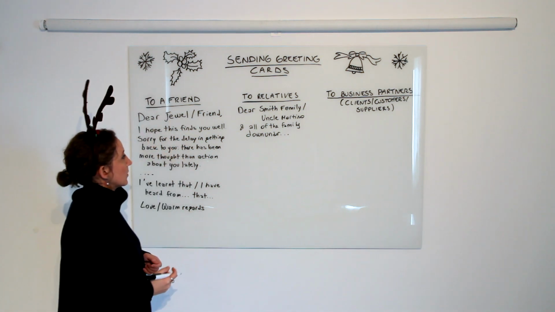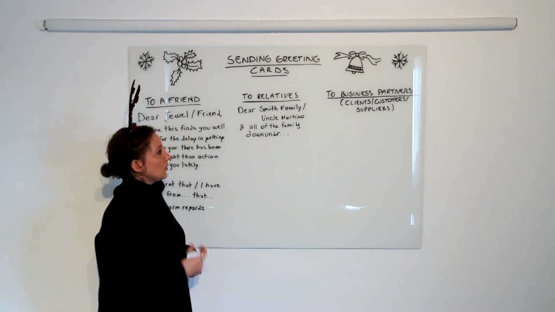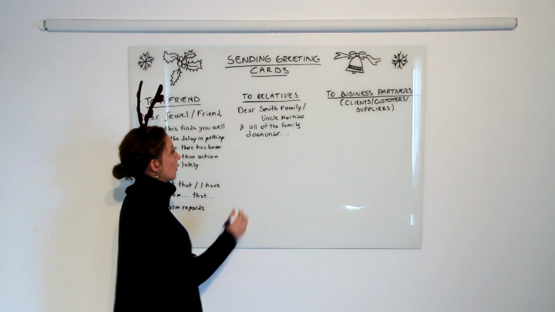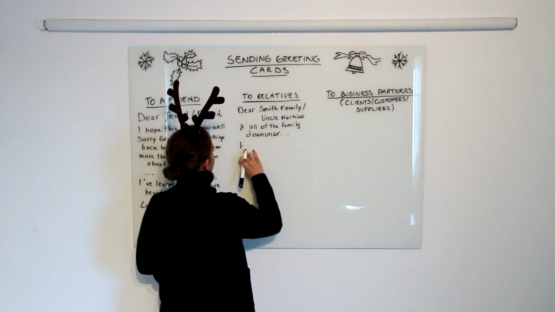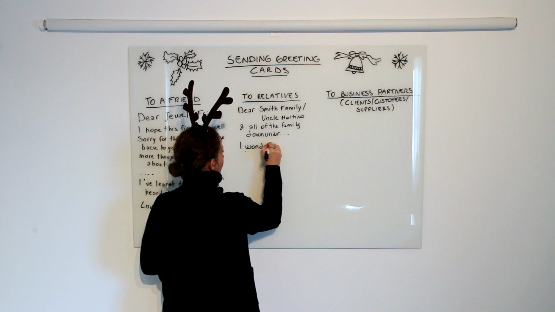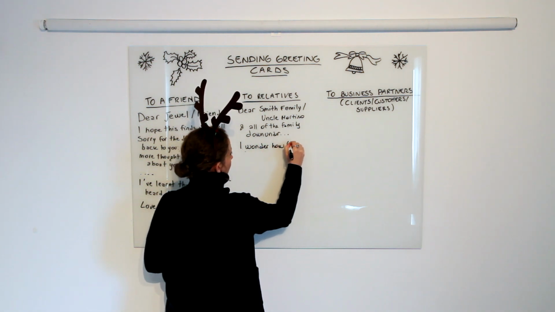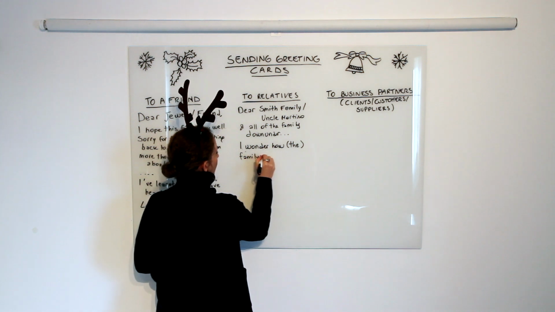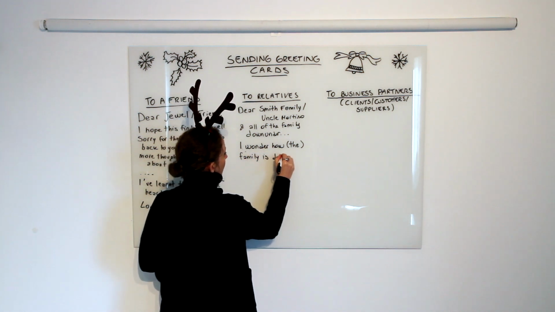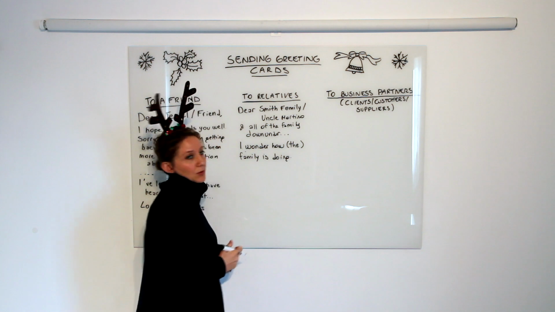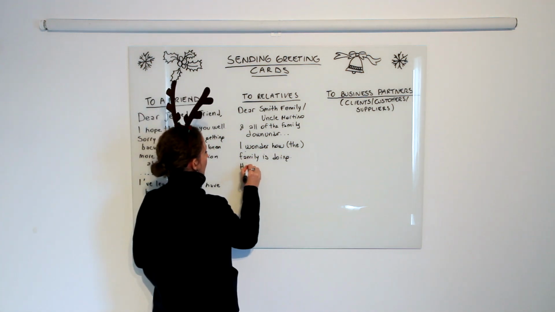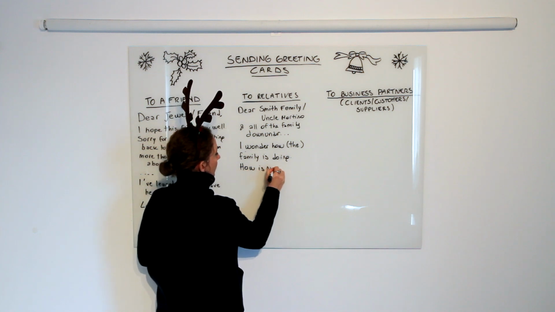"I hope this finds you well" is still very nice, and you may also want to inquire more about the family. So "I wonder how the family, or family if you want to sound more informal, is doing. I hope everybody's doing fine" and so on and so forth. "How is Nick?